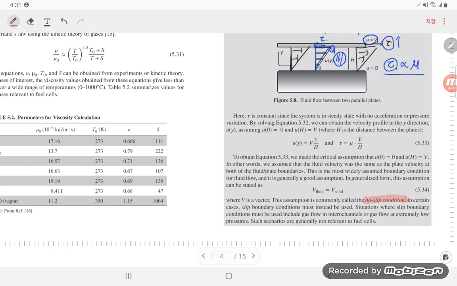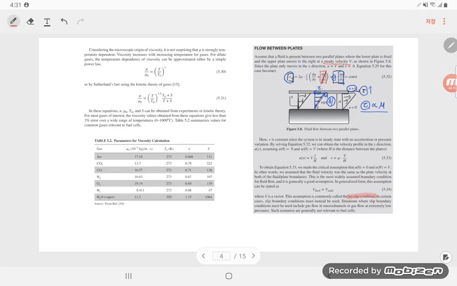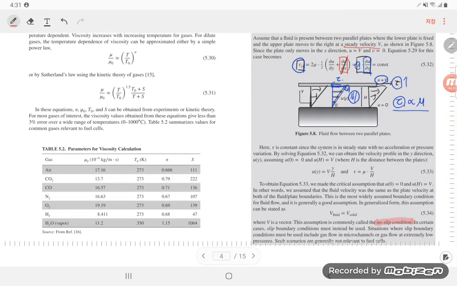This is the critical assumption for getting this one. Anyway, we can know the relation between the shear stress tau and the mu. So it is very important to obtain the mu value for calculation of the fluid behavior inside the chamber, GDL or the catalyst layer.